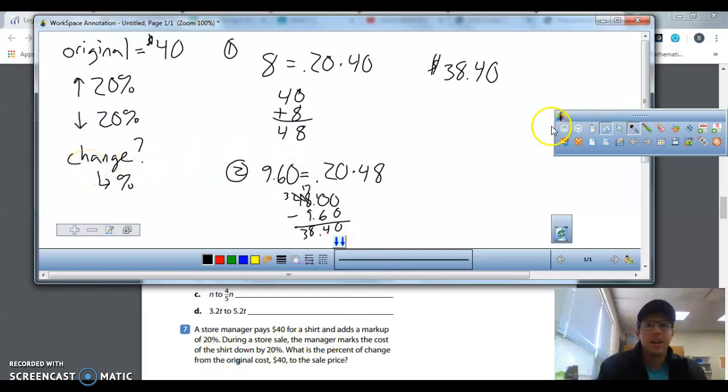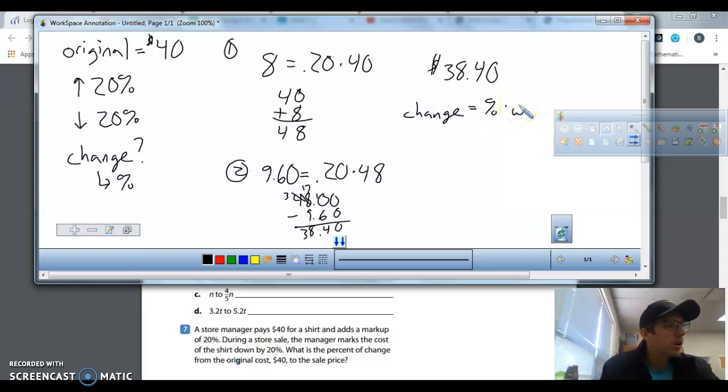So first off, you got to find how much did it change from the original $40 to this new price. Remember, change is just the part. So we can put change equals a percent, and the whole is the original.